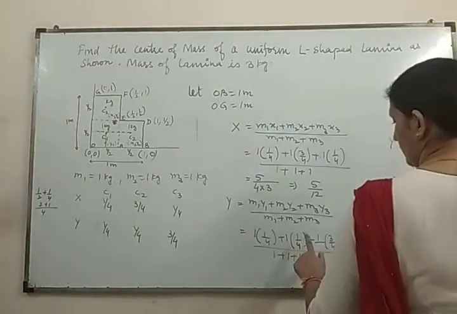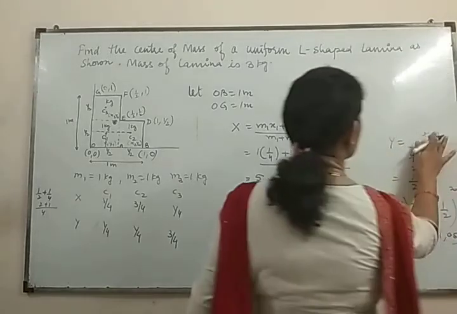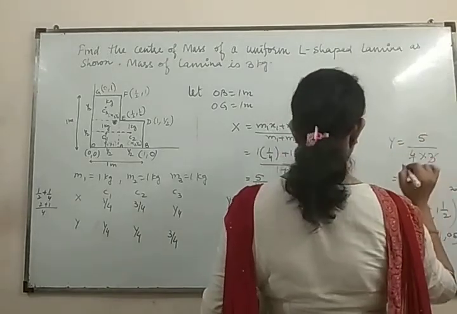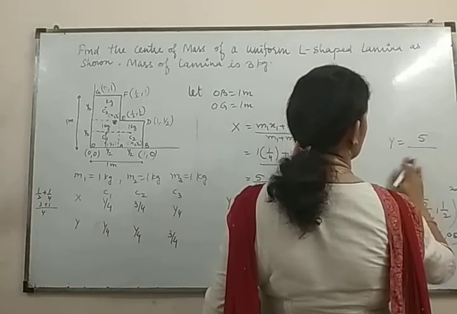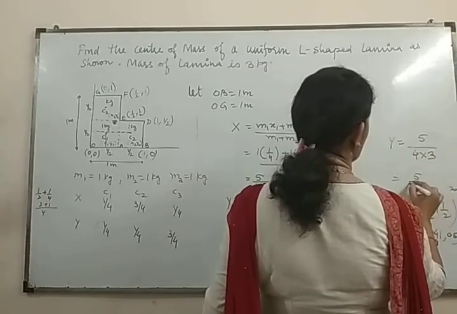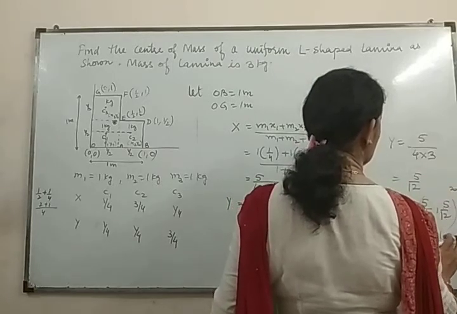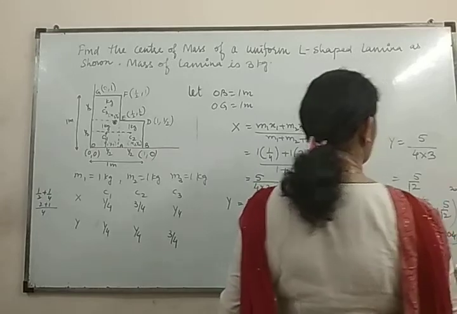And this is 1 by 4, 1 by 4, 2 by 4, 5 by 4. This value is 5 by 4, 5 by 4 into 1 by 3. This is 5 by 12. The answer is 0.41.